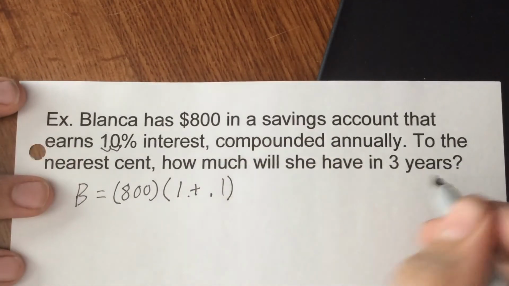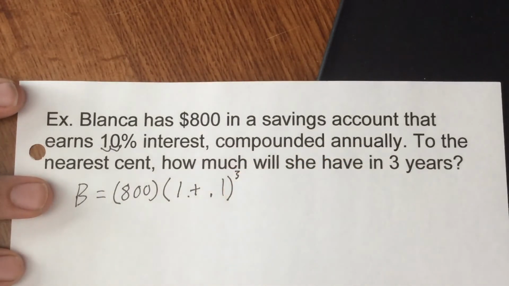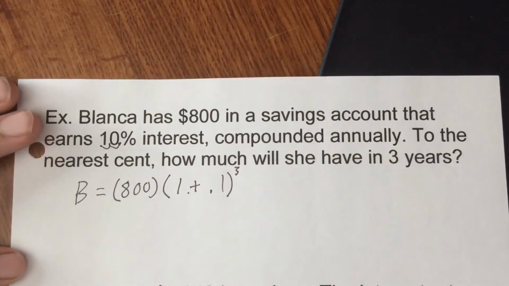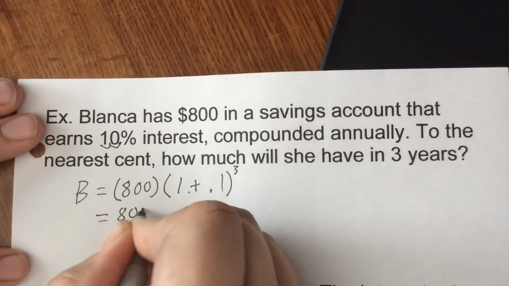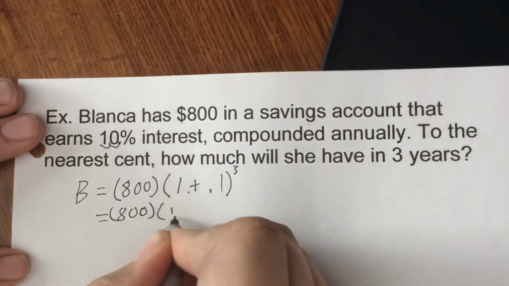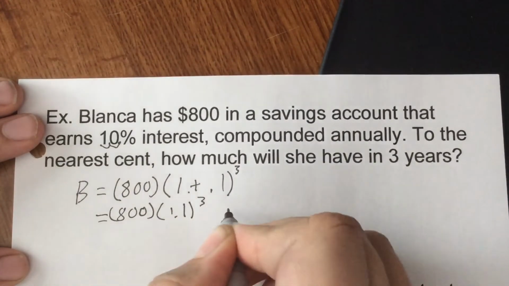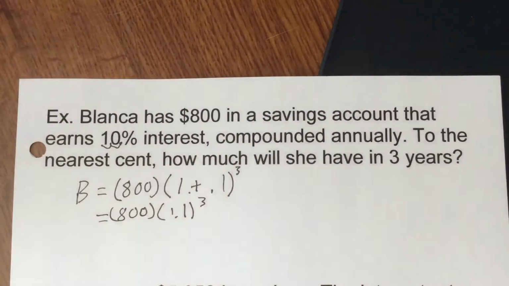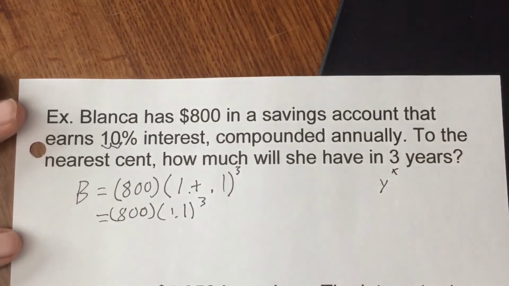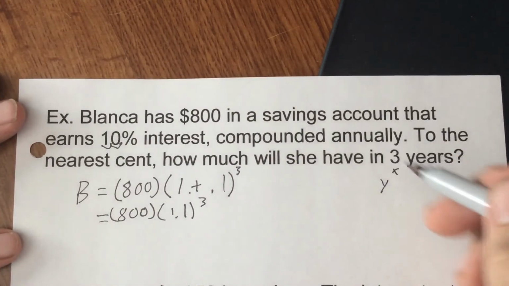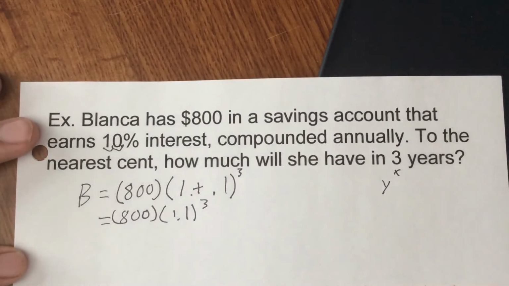Raised it. We're doing 3 years, so it's going to be to the third power. So 1 plus 0.1, we have 800 times 1.1 to the third. Here, since it's not just a square, you might have to use, I believe it's the y to the x button on some of your calculators. That will give you that exponent in there.